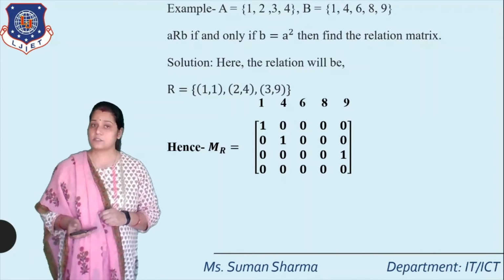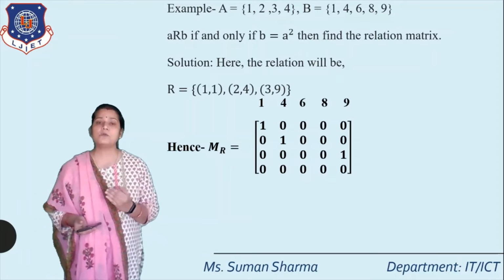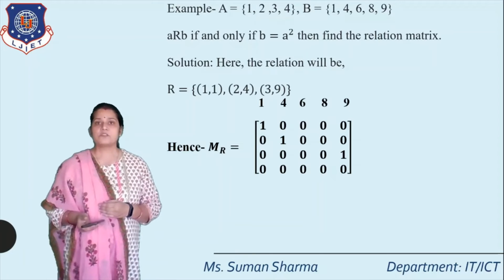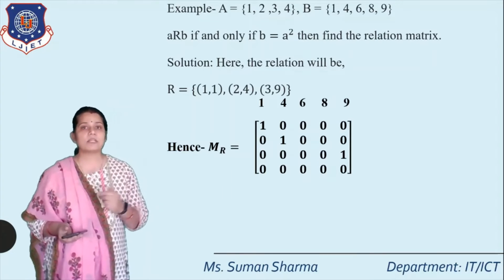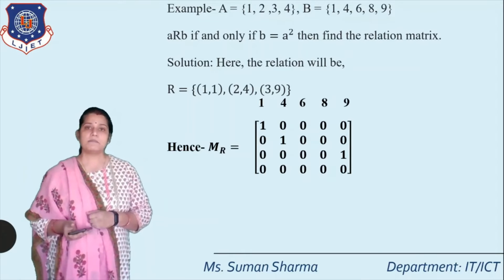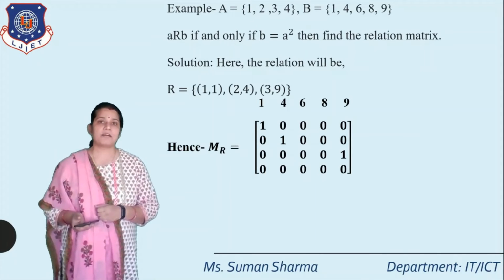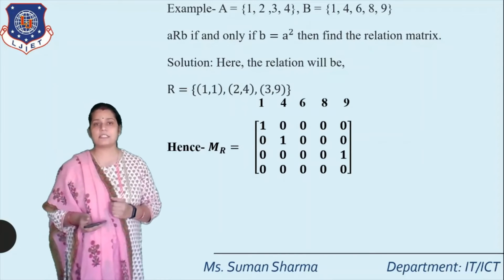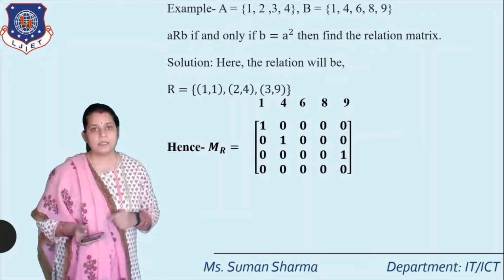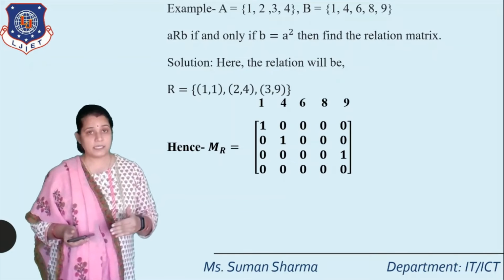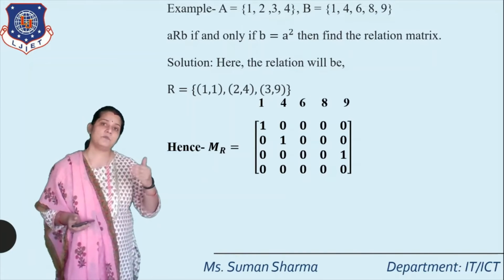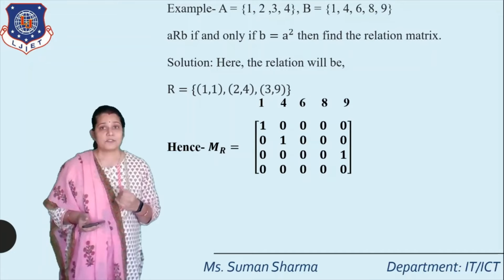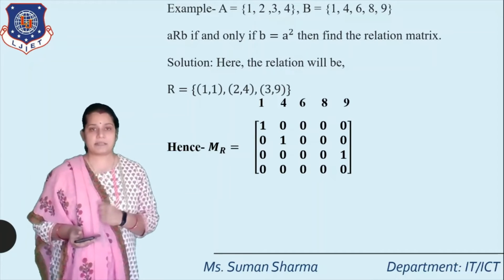So according to this question, we are given 2 sets. Set A has 4 elements and set B has 5 elements: 1, 4, 6, 8, 9. And what is the relation? Relation is A related to B if and only if B is equal to A square. Okay, so then find the relation matrix.